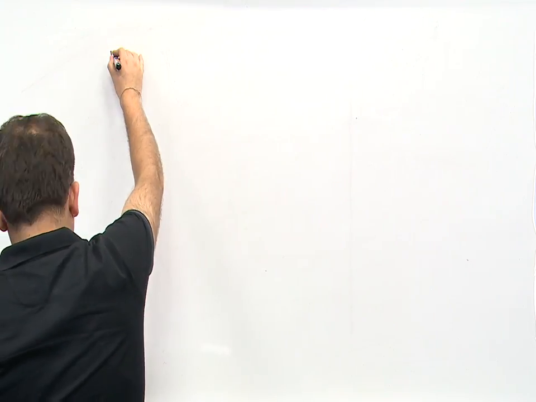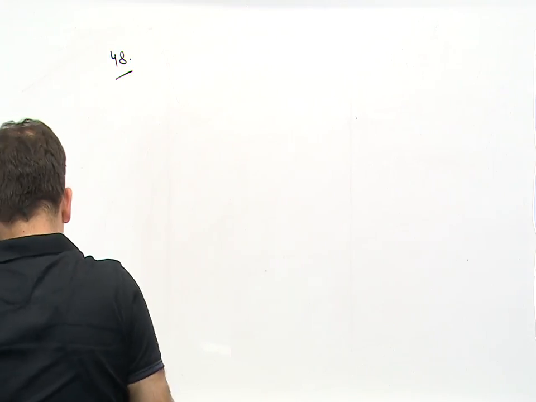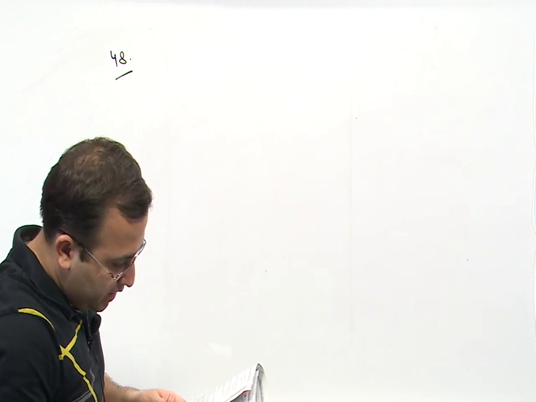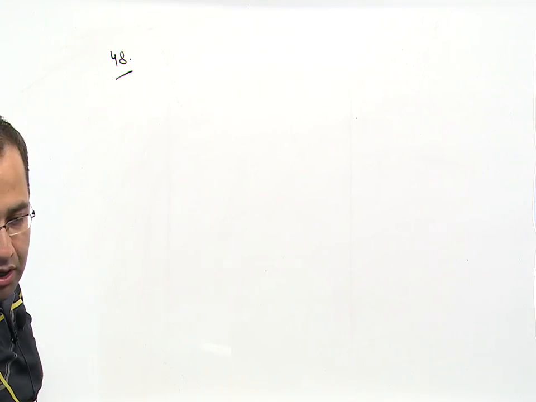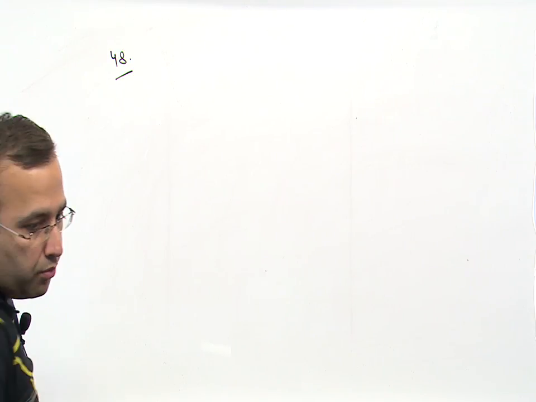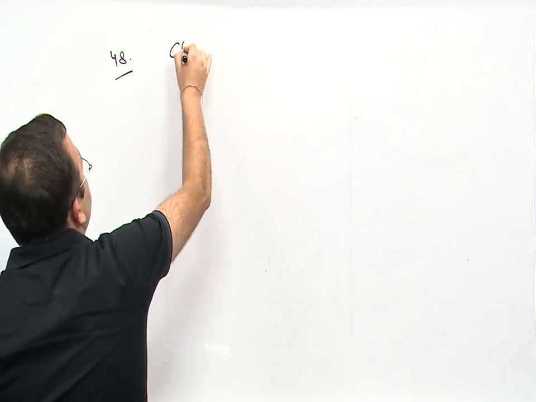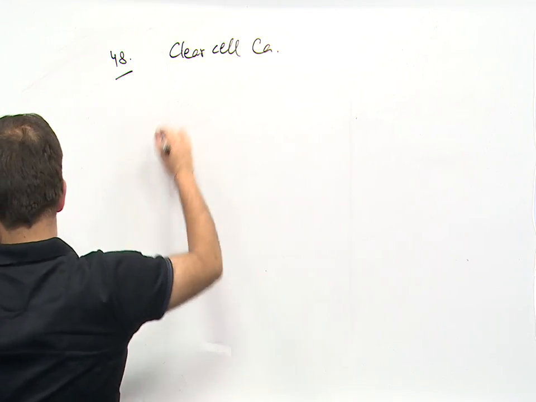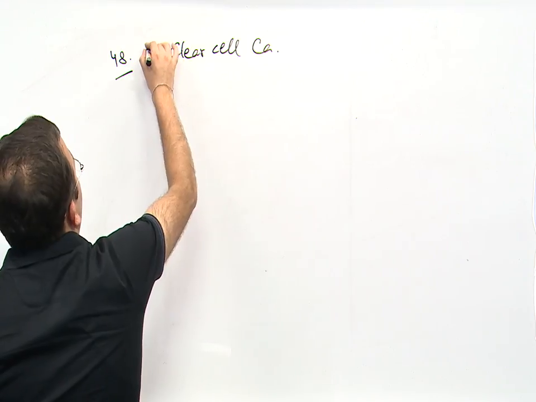We have already seen this subtype of RCC associated with chromosome 3p deletion, clear cell carcinoma.